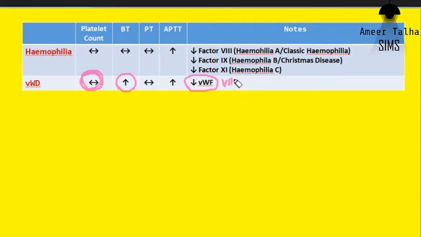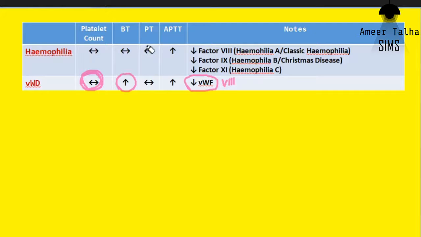There is a small component, factor 8, and a large component, VWF, and together they form a complex. If the small component factor 8 is missing, this will cause hemophilia A. If the large component VWF is missing, this will cause VWD.